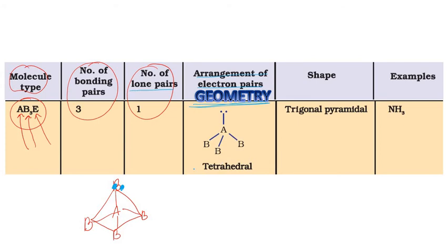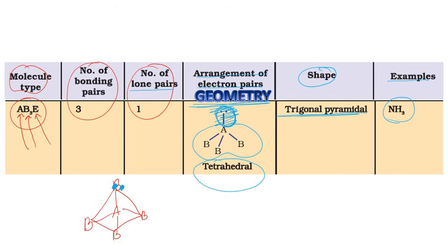So geometry is tetrahedral, but in the place of one of the bond pairs we are having one lone pair, due to which, for the shape, we have to hide this part and concentrate only on this part. In such a case the shape is called trigonal pyramidal. And the best example is the ammonia molecule, right?